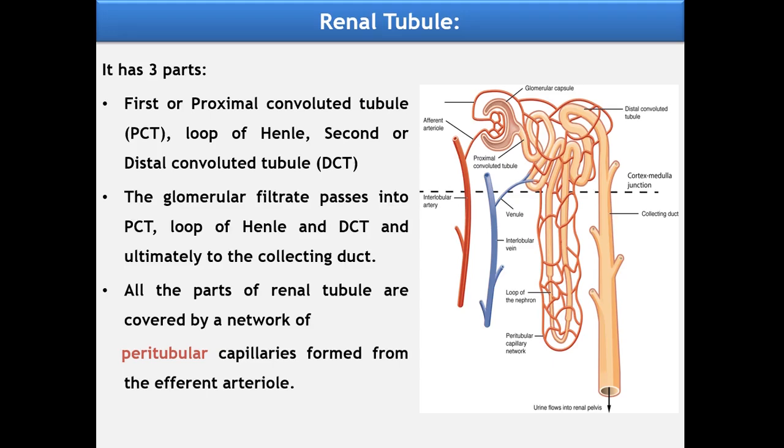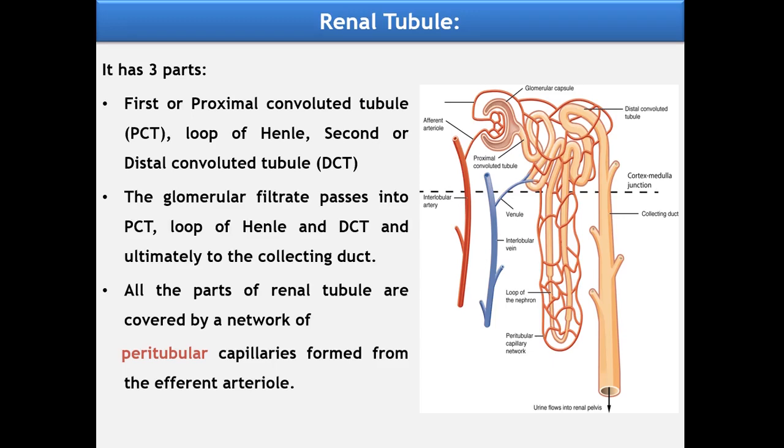And all the parts of the renal tubule are covered by a network of peritubular capillaries formed from the efferent arteriole. So, this PCT, DCT and loop of Henle, all these are covered by blood capillaries. And where are these blood capillaries from?